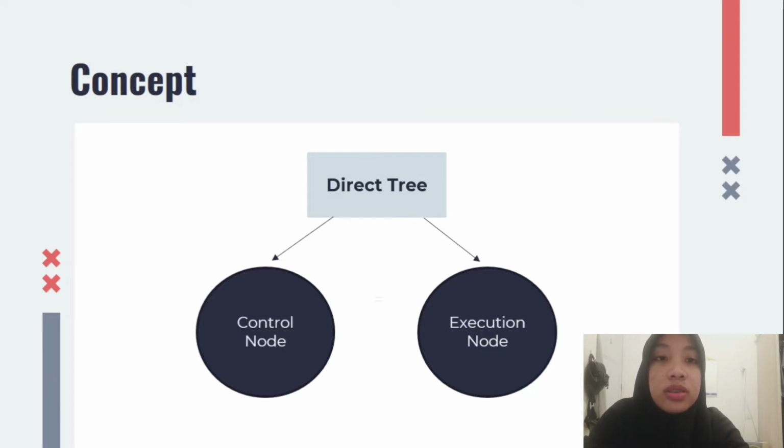So, execution nodes, which are leaves of the BT, can either be action or condition nodes. The only difference is that condition nodes can only return success or failure within a single tick, whereas action nodes can span multiple ticks and can return running until they reach a terminal state.